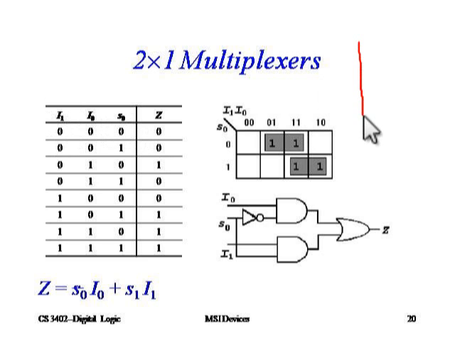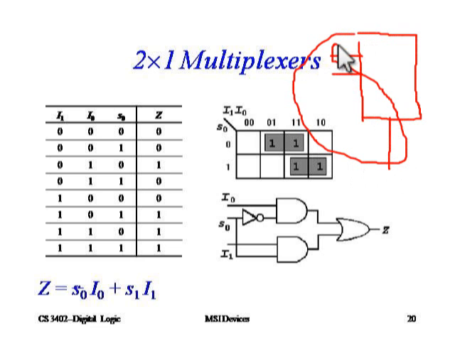Whenever we draw a block diagram of a 2 cross 1 multiplexer, let us bifurcate it: this is a selection line, this is a data line, and all of these three combine to form the input lines. So in total there are 3 inputs and 1 output.